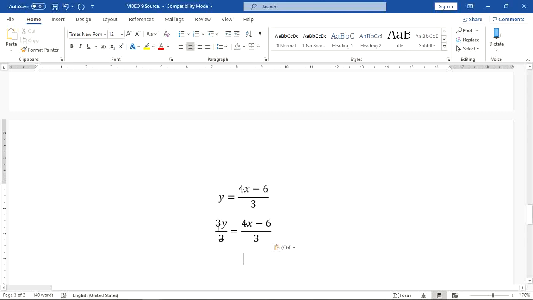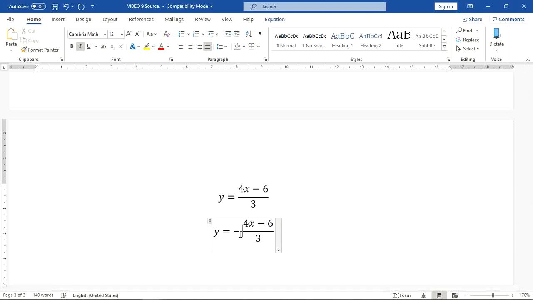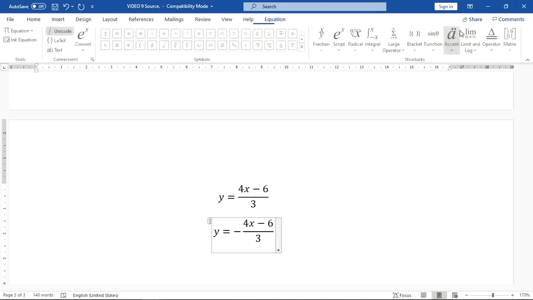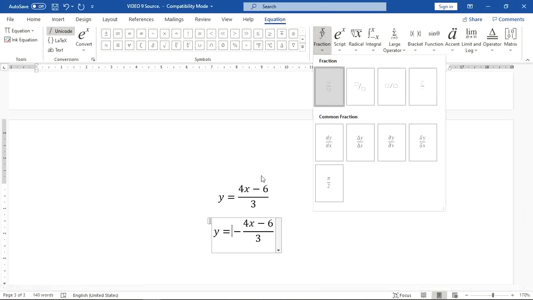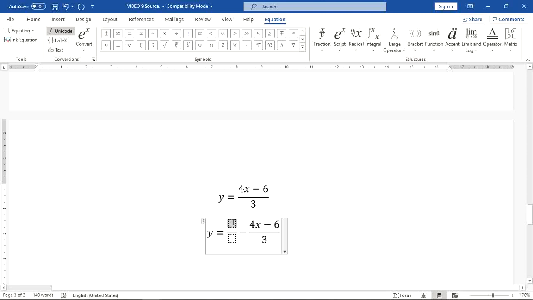So this is still y, and we can now say minus, we insert an equation, a fraction, 4x over 3, and this will just be 6 over 2.